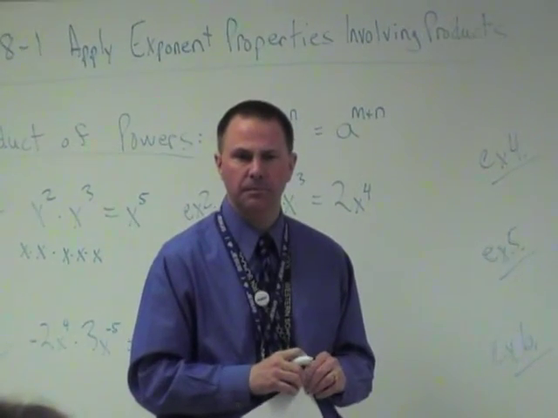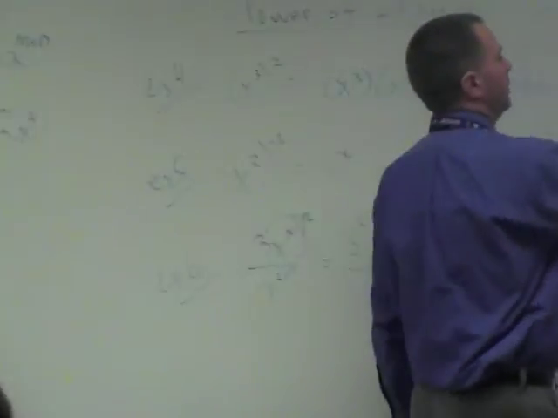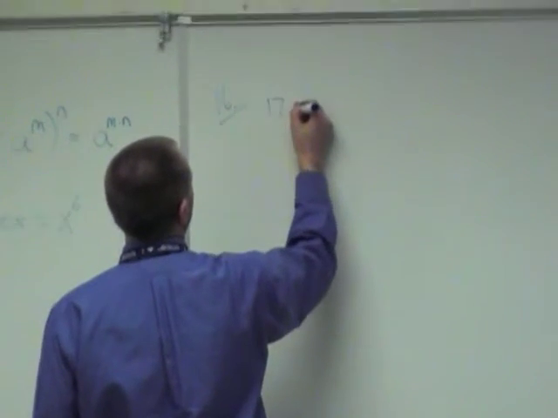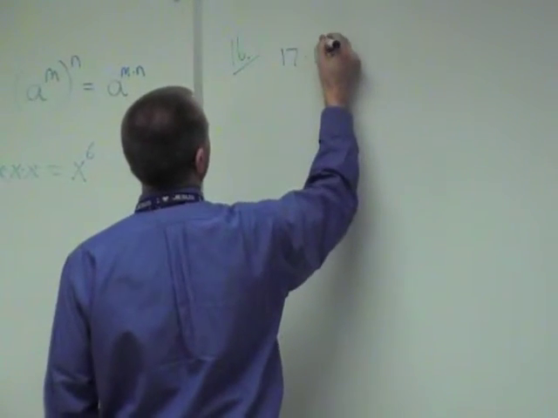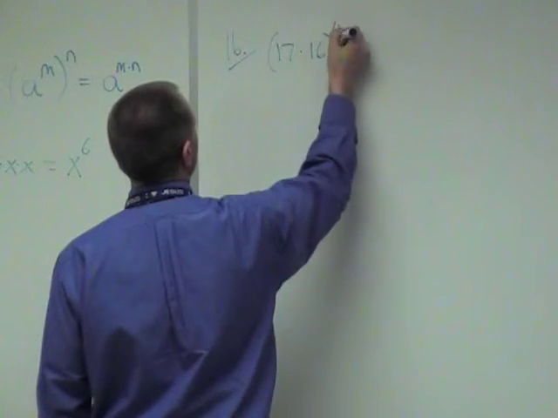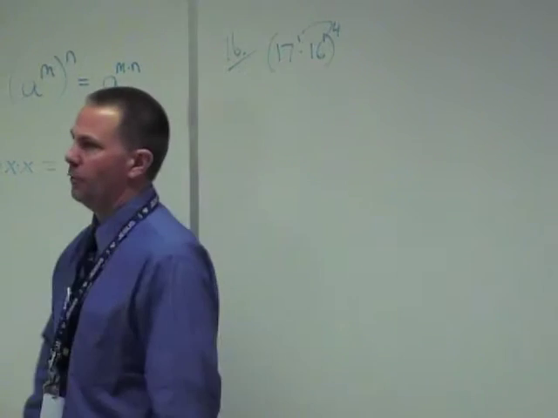Got it? Can you do number 16 real quick? Because I'm not sure what you do. This is number 16 in your book. Go ahead and read it to me. 17 times 16, parentheses around that, to the 4th. Would you distribute that? Yes. Remember, that 4 goes into each of those. You can do what's inside first.